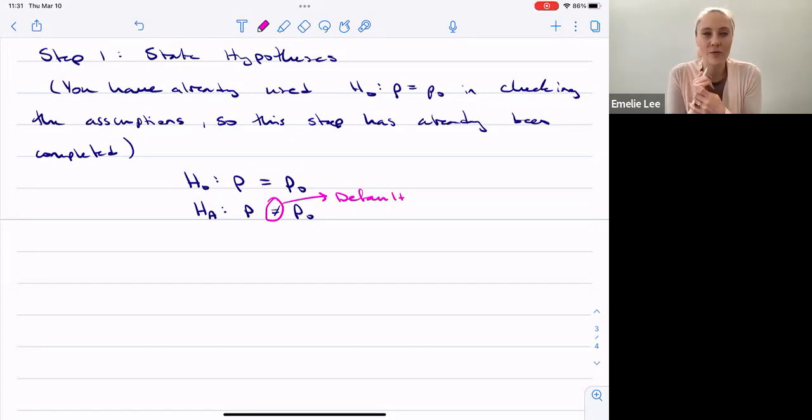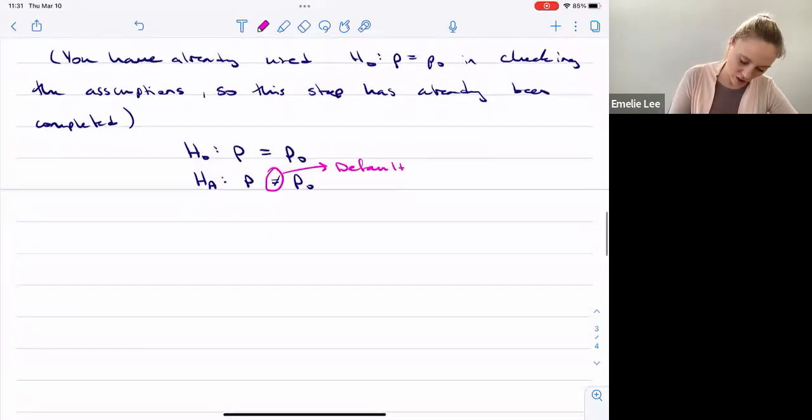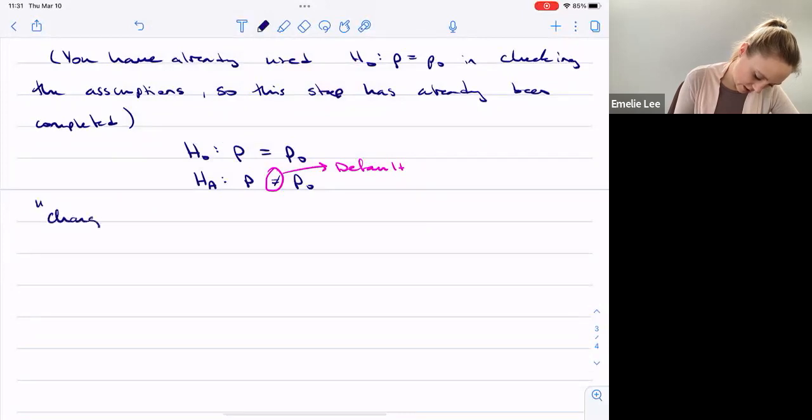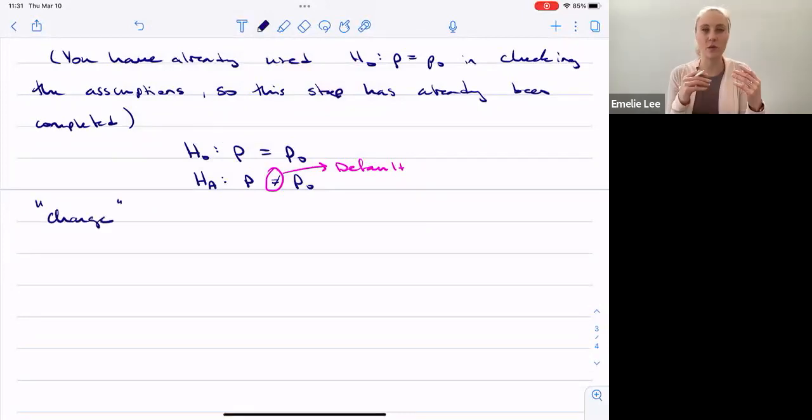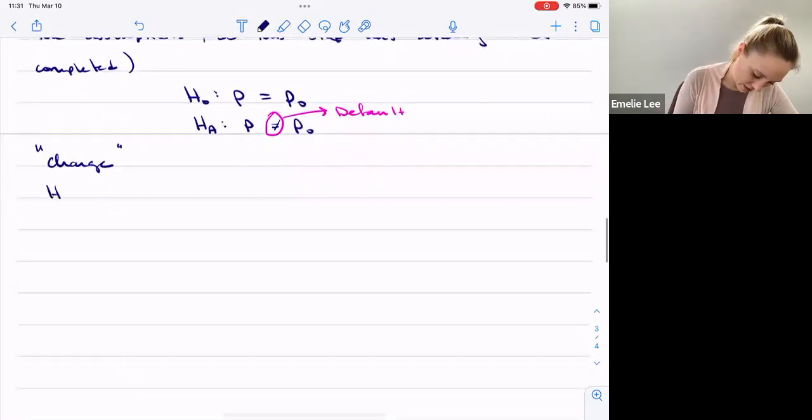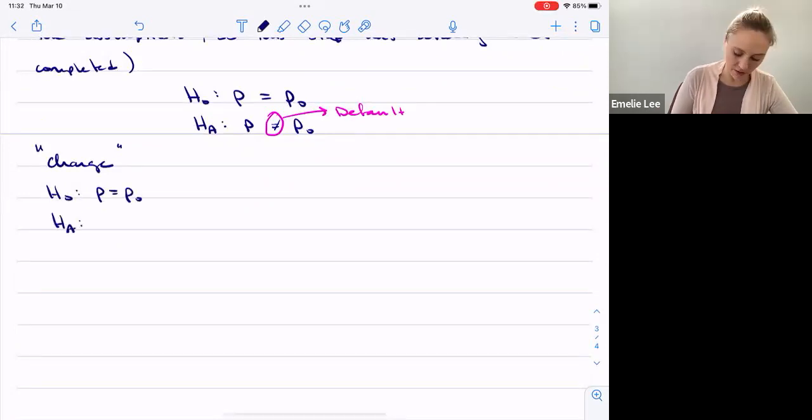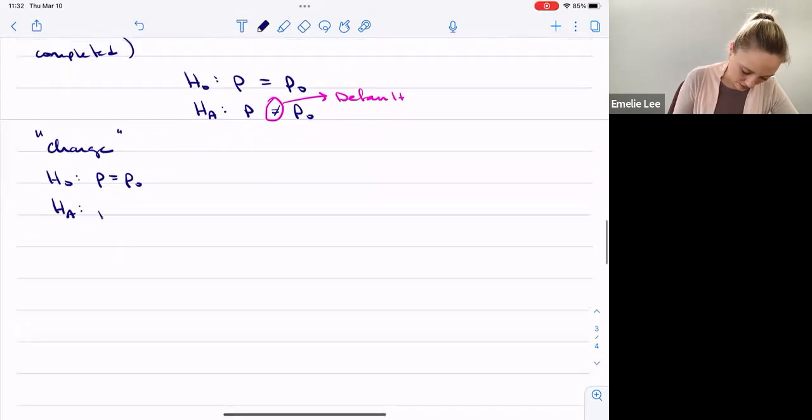Okay, and so for the p-value approach, we have a little bit more flexibility and we can test things like whether there's been a change, right? And so if we have a change or a difference or some synonym of that, depending on what the question is asking you for, right? Then you might have a null hypothesis that P is equal to P naught. That's going to always be our null hypothesis. And then P is not equal to P naught.